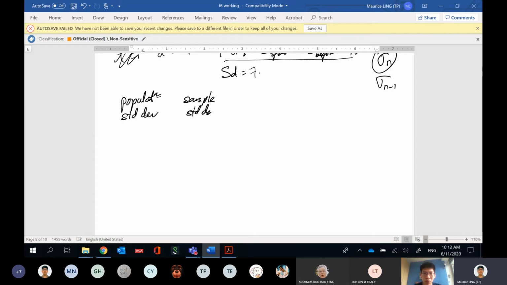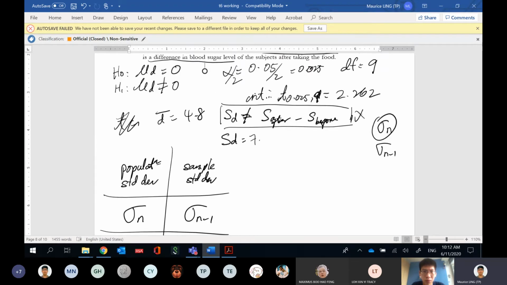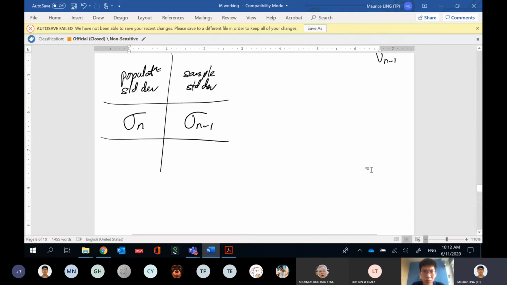So there are actually two buttons for it. Some calculators use sigma n for population standard deviation, and sigma n minus 1 for sample standard deviation. Some will use sigma for population standard deviation, and then x for sample standard deviation. So I have no idea what your calculator looks like.